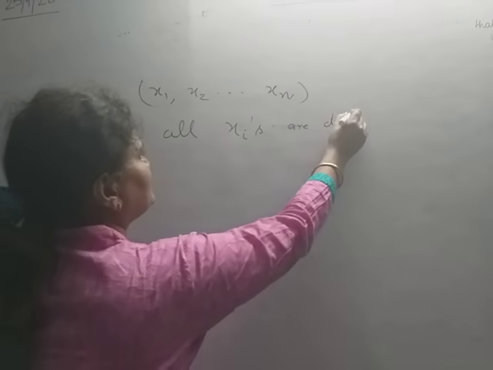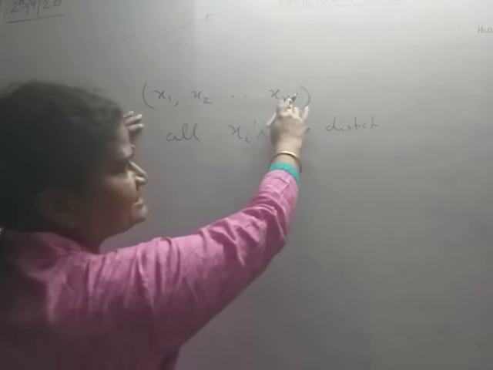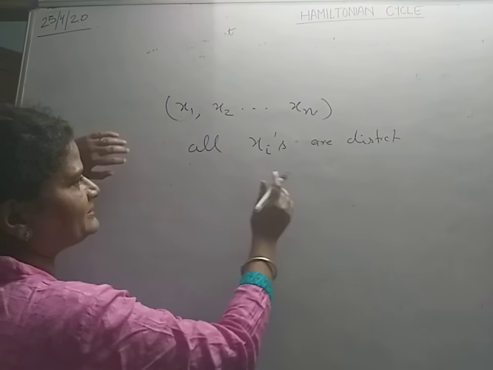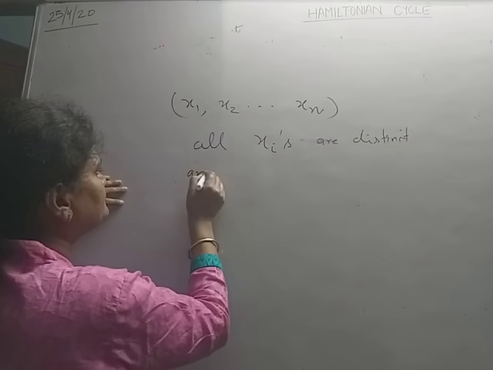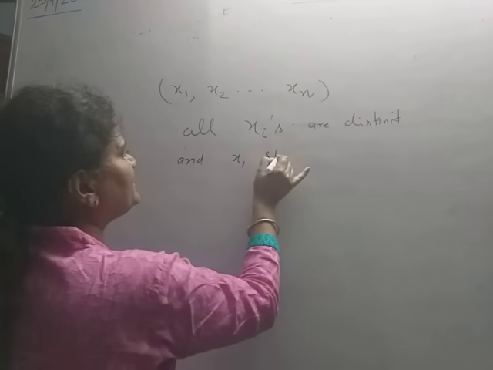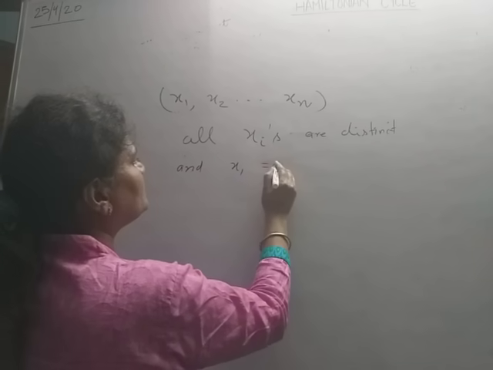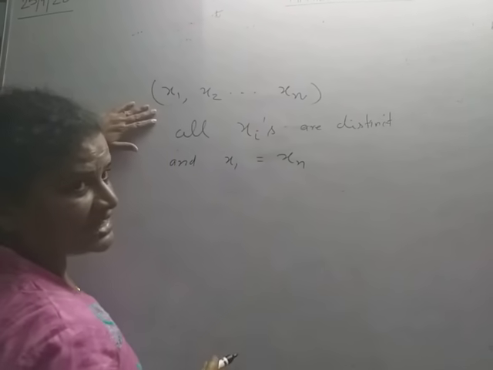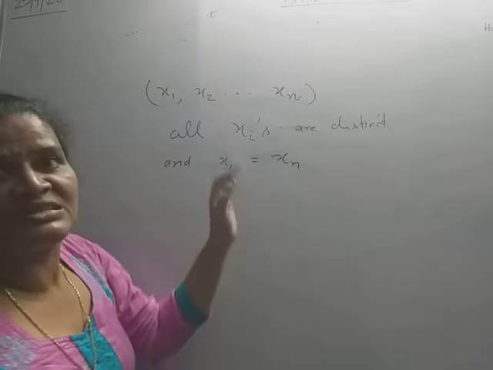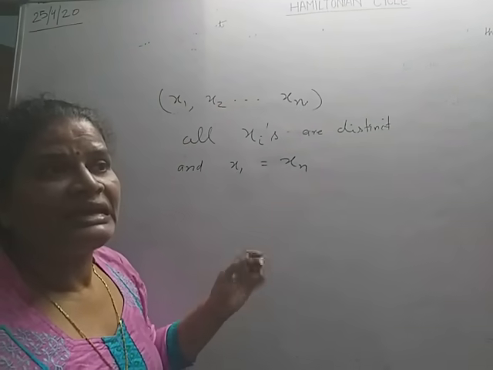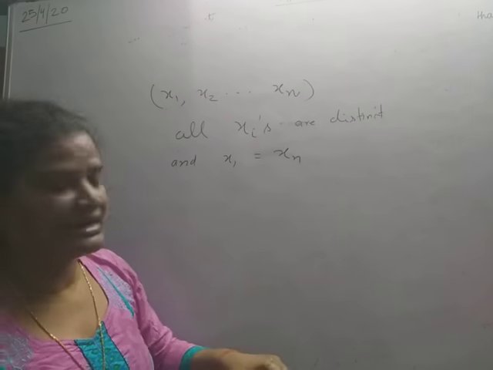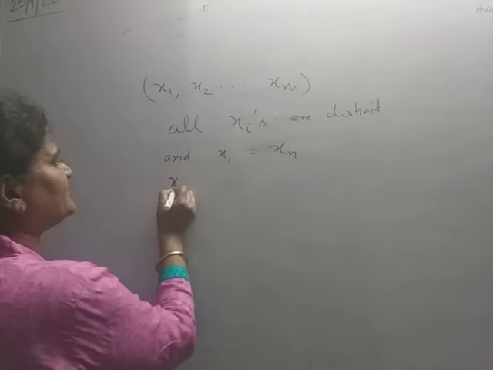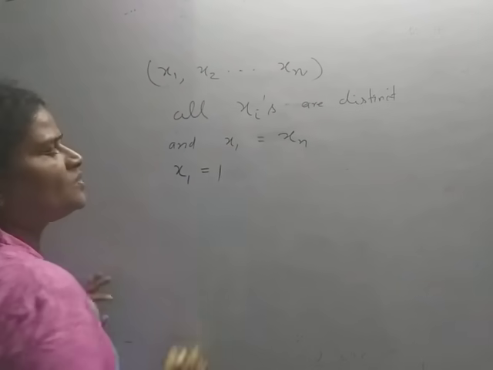Since this is a cycle, x1 should equal xn, so the first vertex and the last vertex are the same. And in order to avoid the same cycle again, we take the condition that we always take x1 equal to 1.